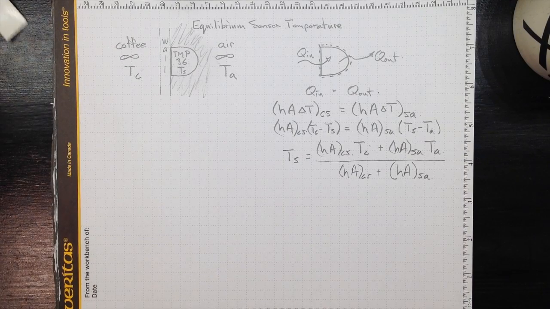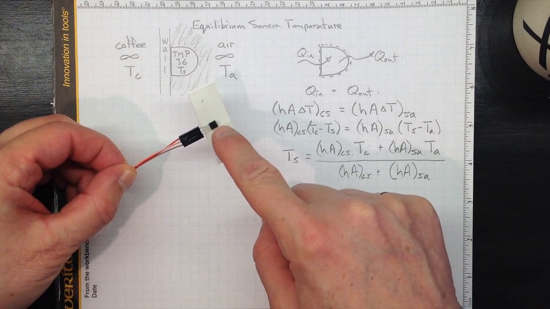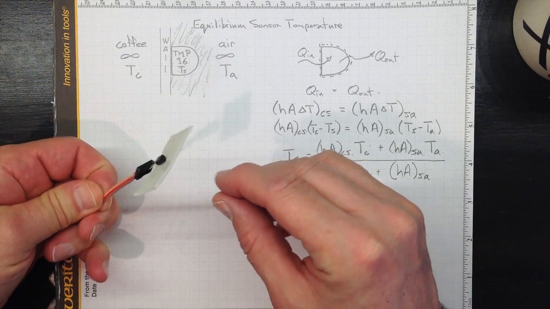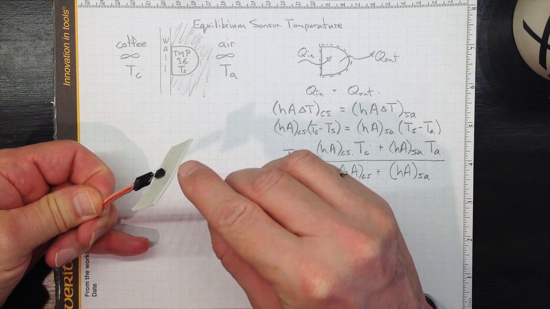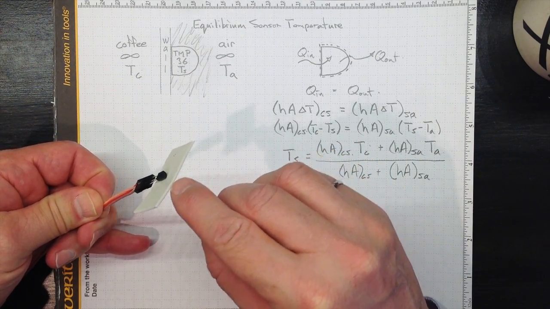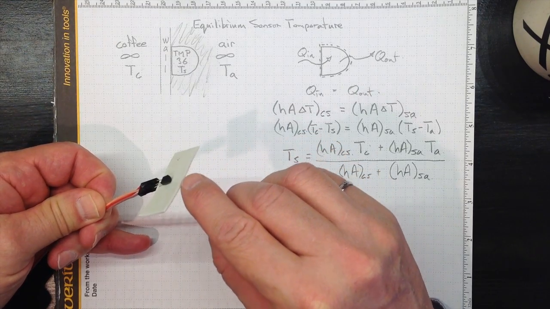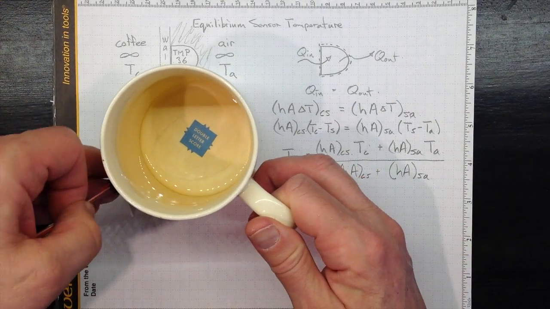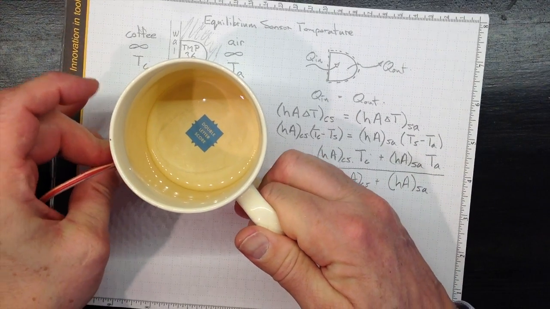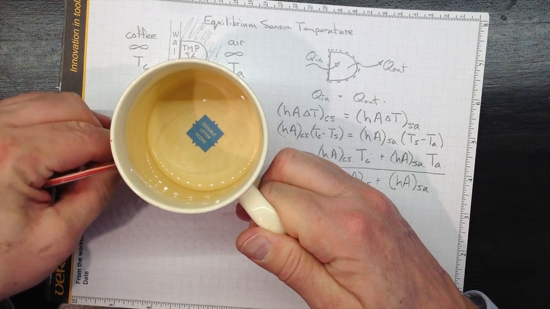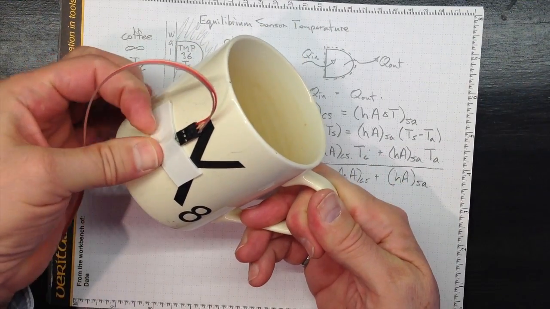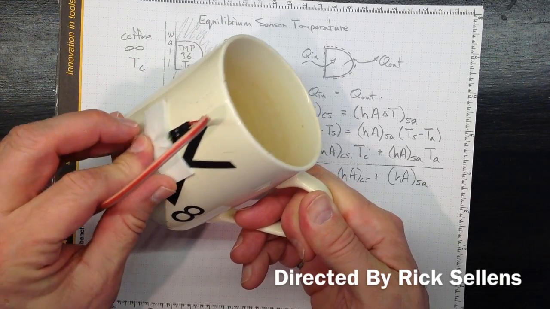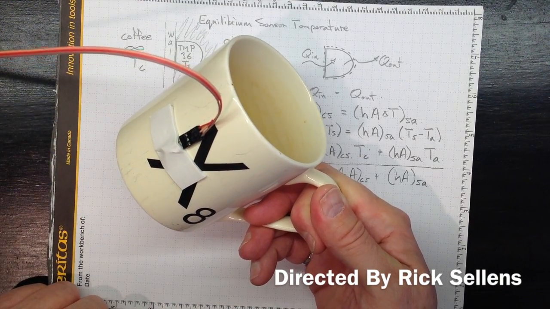For example, if I wanted this TMP36 sensor to be closer to the temperature of the coffee in my cup, I could mount it onto the cup with this foam back tape that would act as a little bit of insulation to keep the air from interacting with it as effectively as the cup interacts with it. So I could put that on there like that, and that would probably give me a closer match between the temperature of my sensor and the temperature of the cup. And there's a technique you might try in the lab.